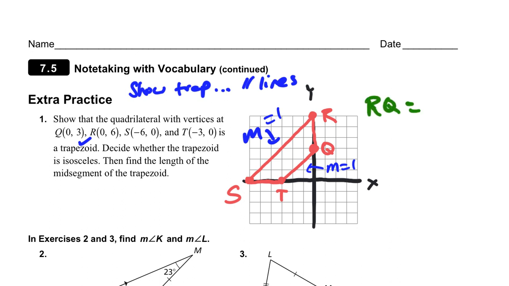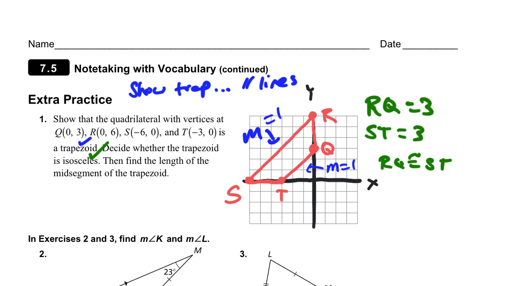RQ is worth 3. And then if I look at ST, which is the other leg, that is also 3. Because those are congruent, RQ is congruent to ST, that shows this is an isosceles trapezoid. Check.